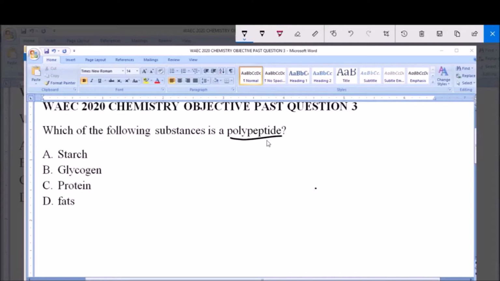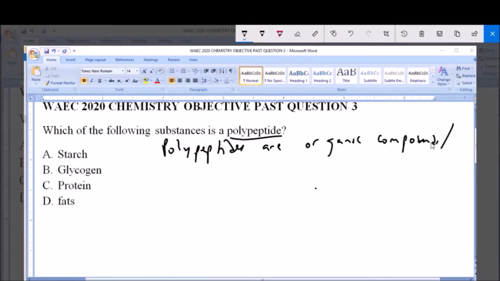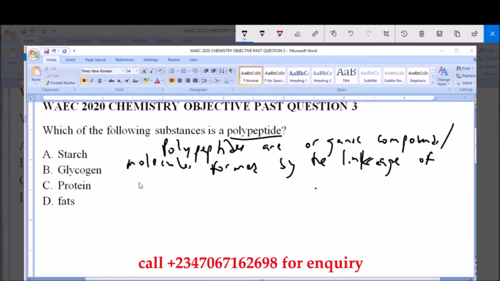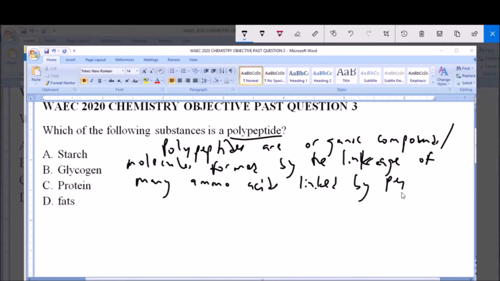What is a polypeptide? Polypeptides are organic compounds or molecules formed by the linkage of many amino acids linked by peptide bonds.